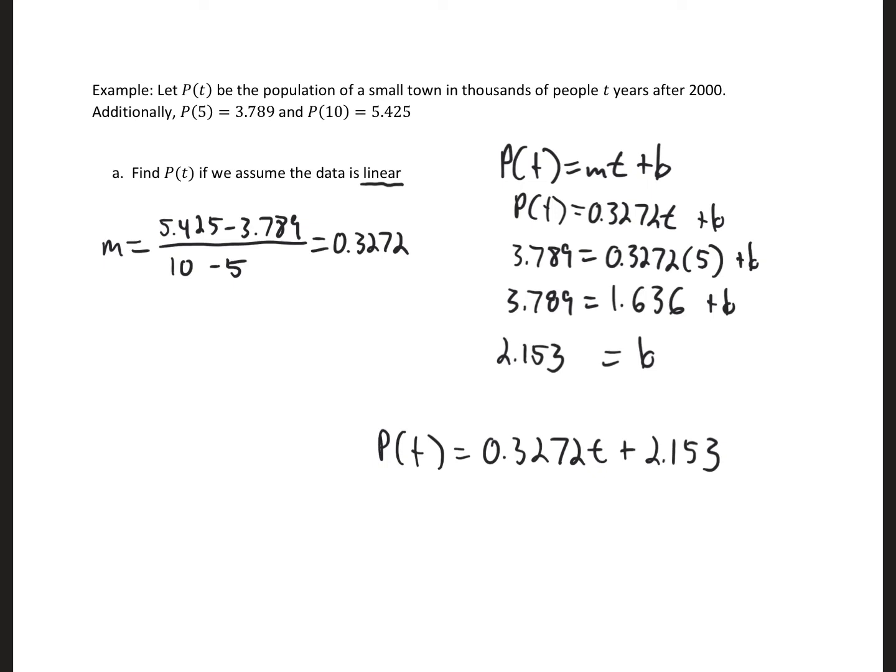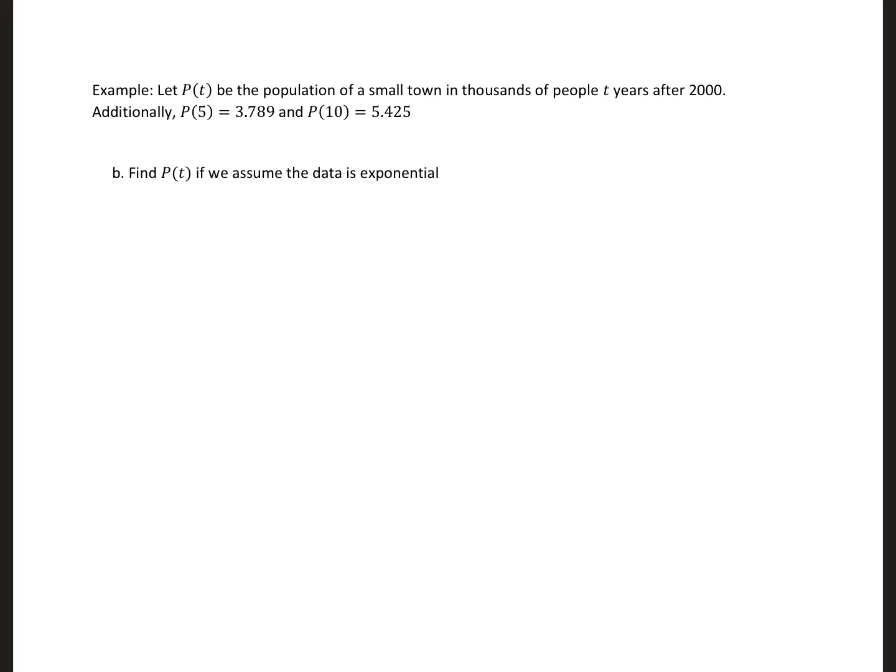Let's look at what happens if we want to write an exponential function. So we're going to use the same data, and we're going to write this as an exponential function. So if it's exponential, it's going to be in this form: P of t equals a times b to the t. And the process is sort of similar to a linear function.